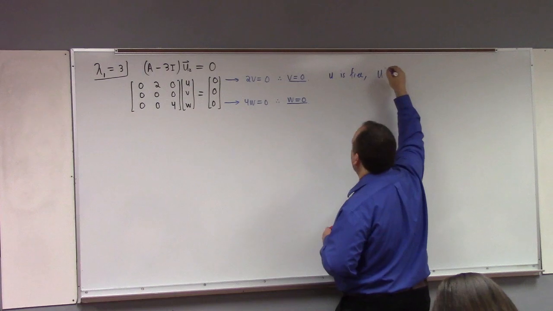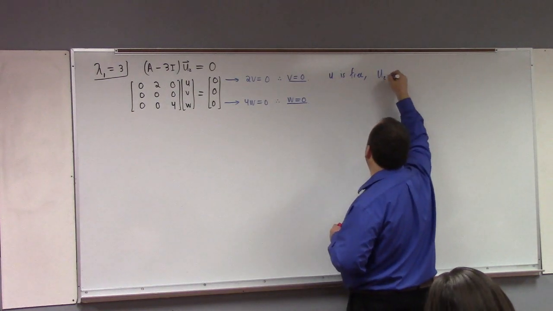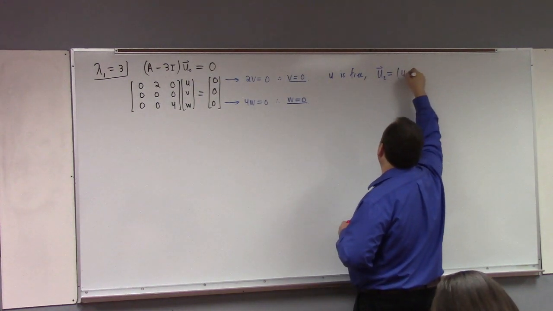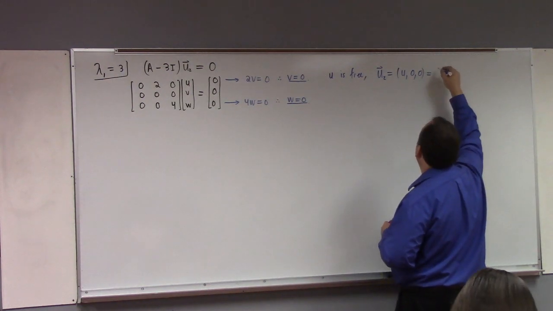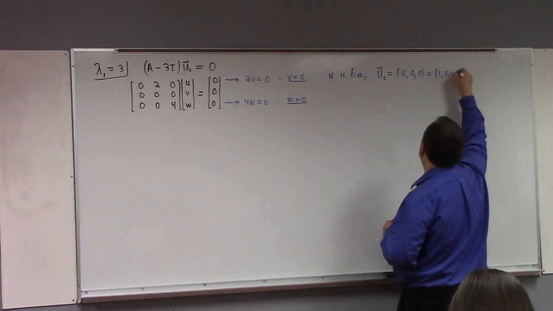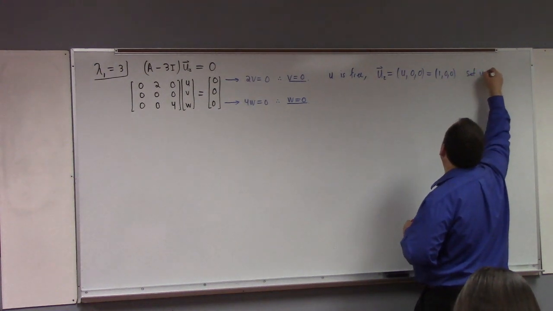which means that our general form for u2 has what form? It's just (u, 0, 0), right? So we can get (1, 0, 0) if we set u equal to 1.